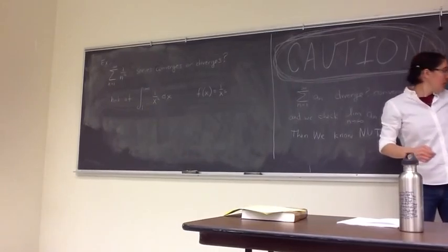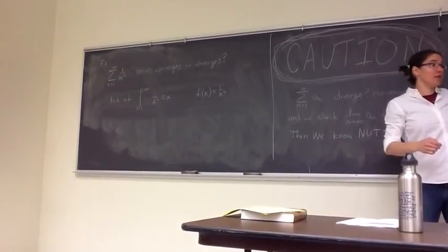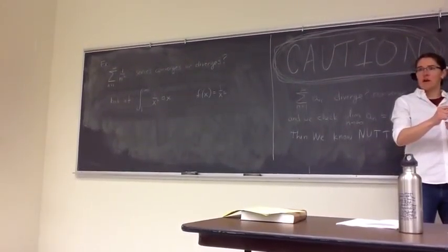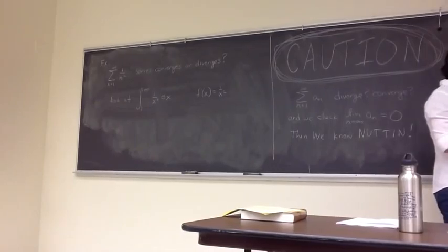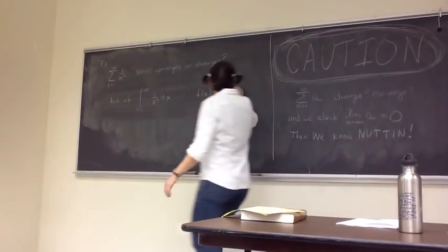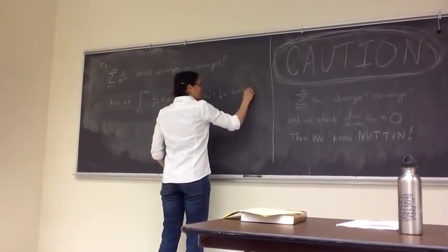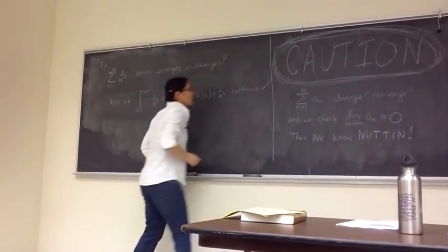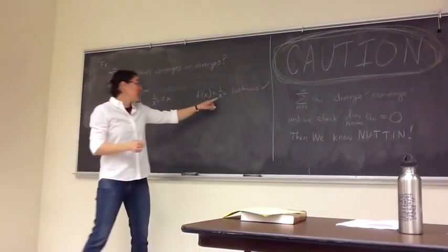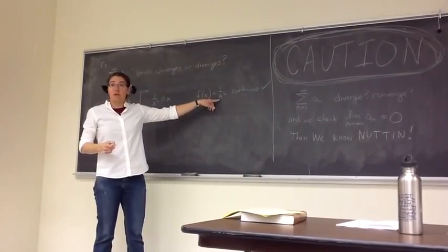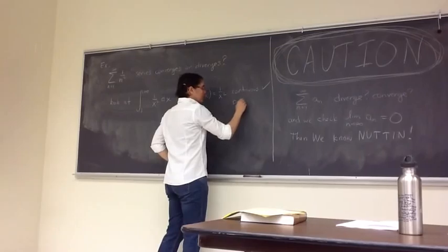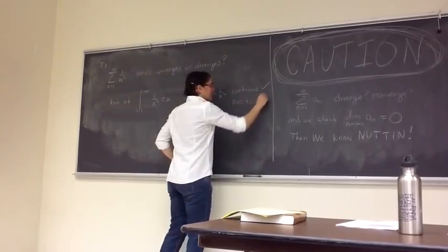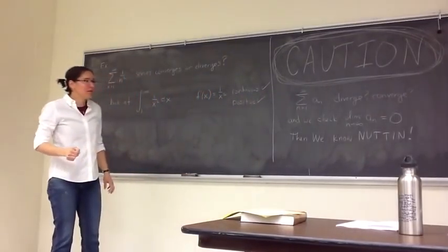1 over x squared is continuous, not continuous at x equals 0, but I don't care about that. I only care about the interval from 1 to infinity. So continuous. Positive, meaning 1 over x squared is always greater than 0. And decreasing.